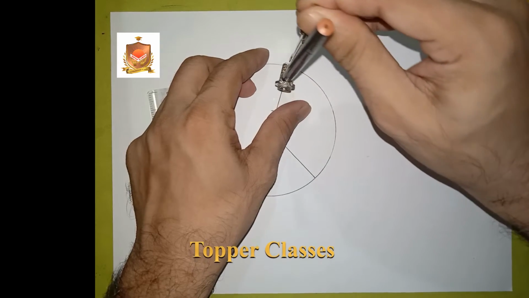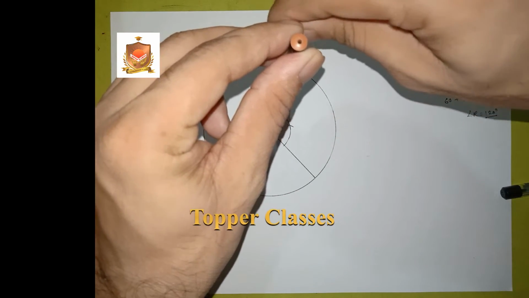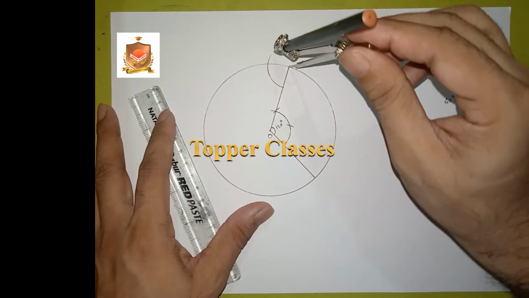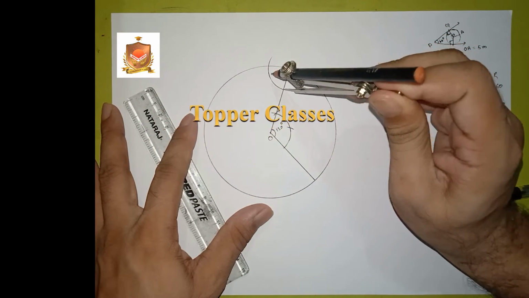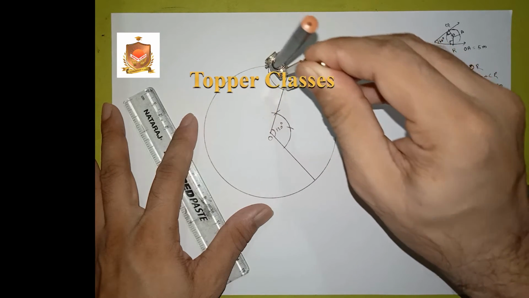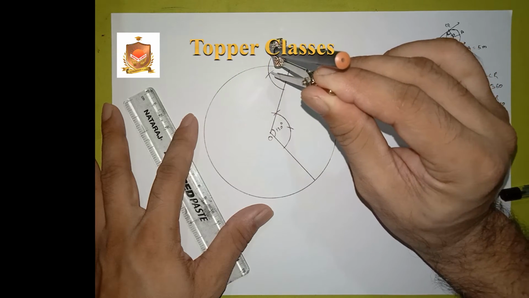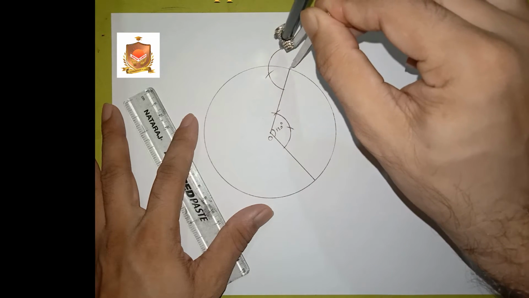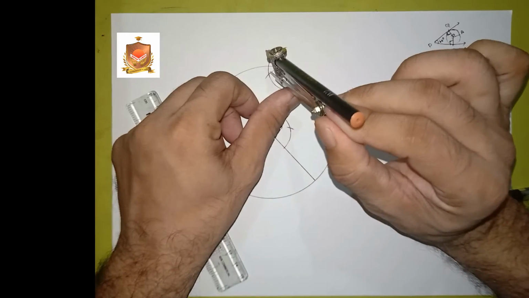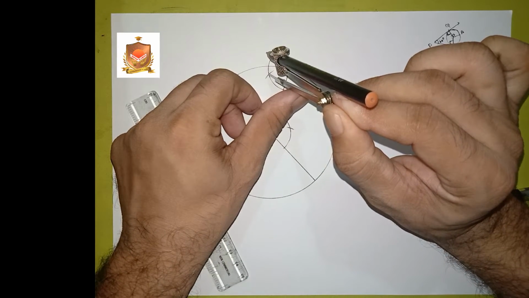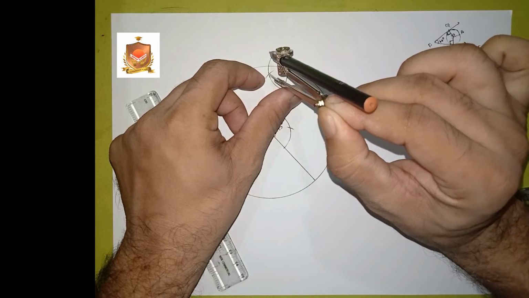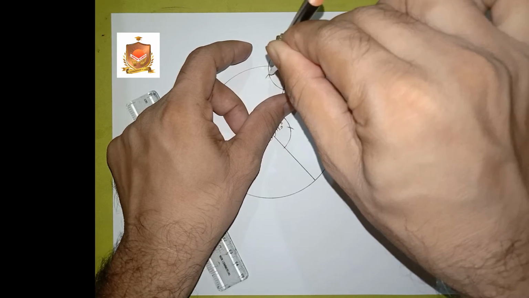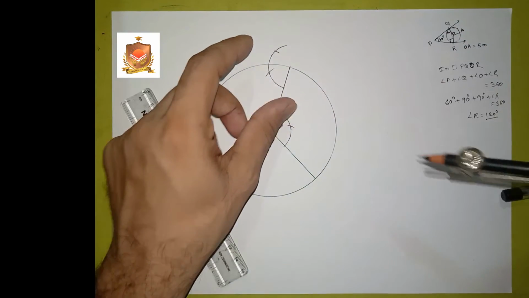I will keep it here and draw an arc. This is my 60 degrees. Then this is not intersecting, no problem, we will extend it. This is our 120 degrees.